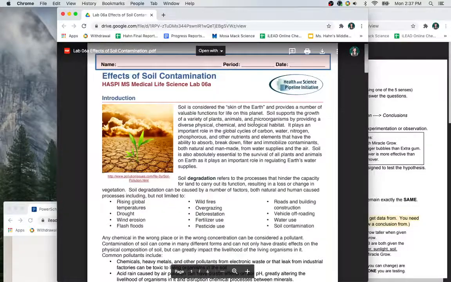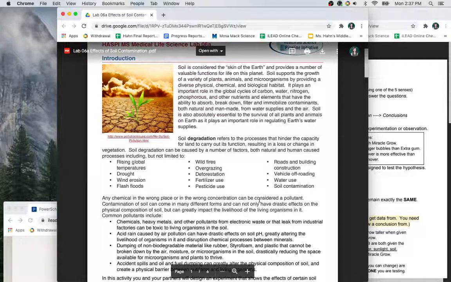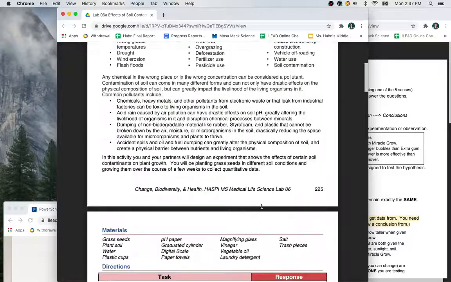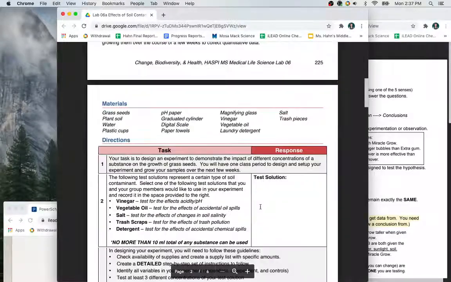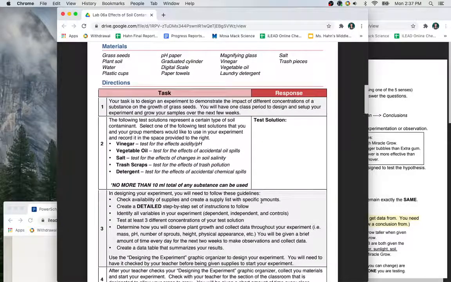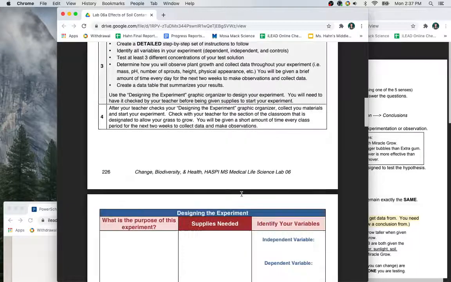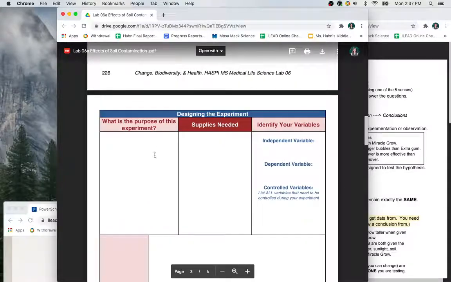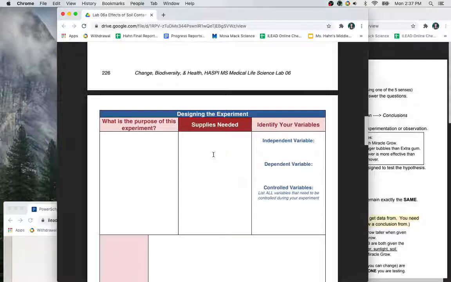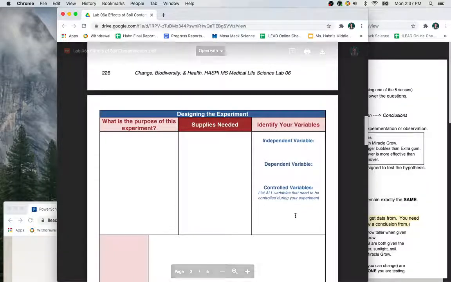So here the introduction talks about some of the contaminants that get into the soil and what causes them. And we're going to look and see how that might affect the growth of our plants or our grass seeds. So you're going to go ahead and put down what the purpose of this is, what supplies you have, your variables, and your controlled variables.